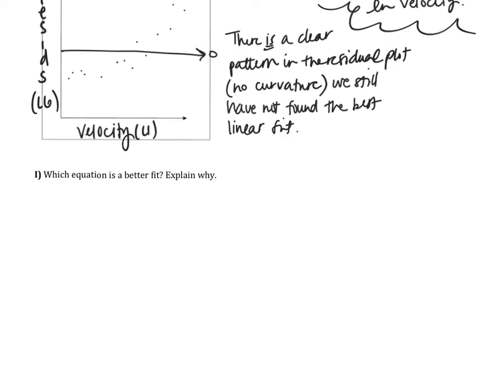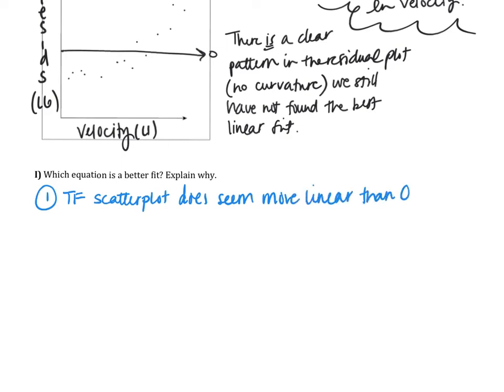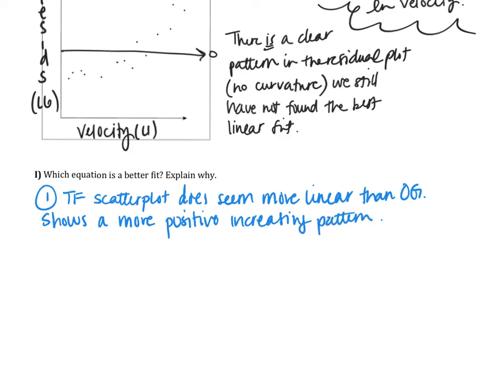First thing, the scatter plots, okay? So the transformed scatter plot does seem and appear slightly more linear than the original. It shows, you know, an increasing pattern. All right, second thing is my R values, okay?